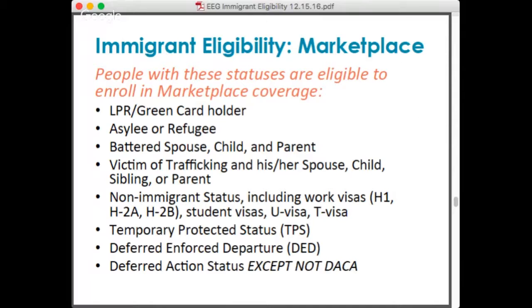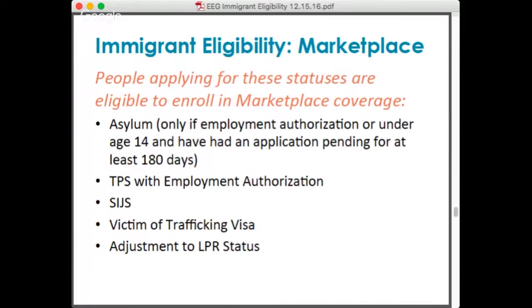People with these statuses are eligible to enroll in Marketplace coverage. People applying for these statuses are also eligible to enroll, so you don't have to have the status yet, you could just be an applicant.